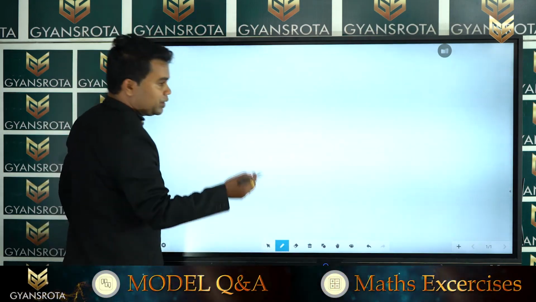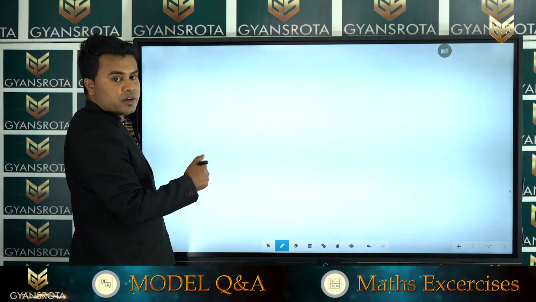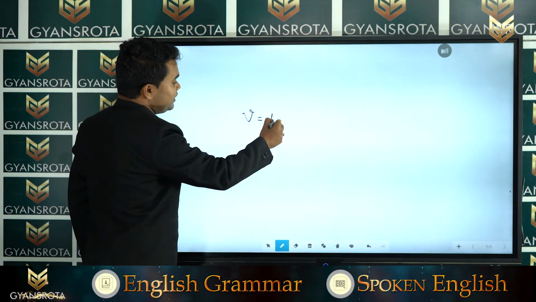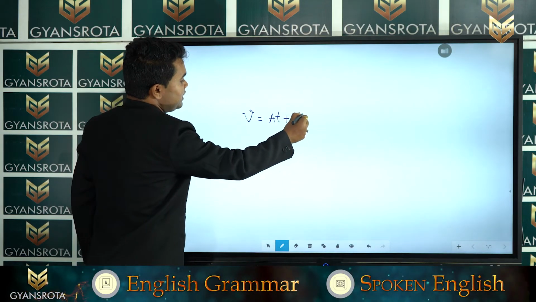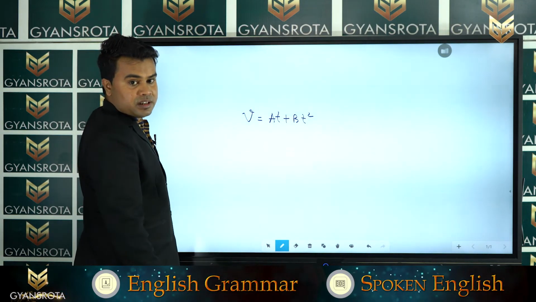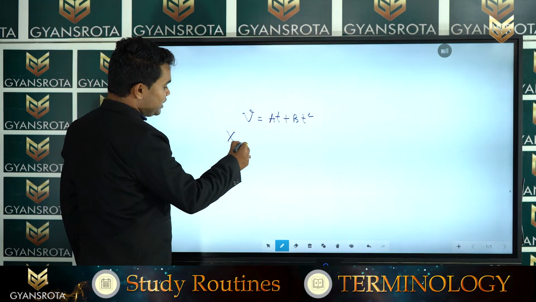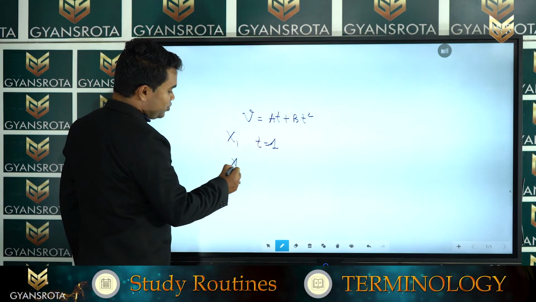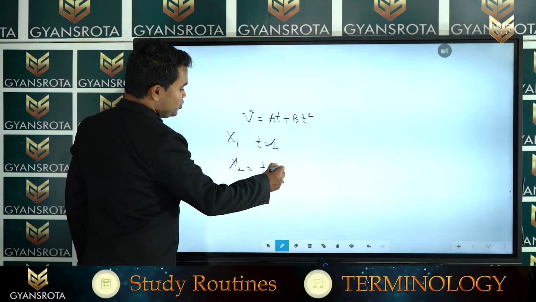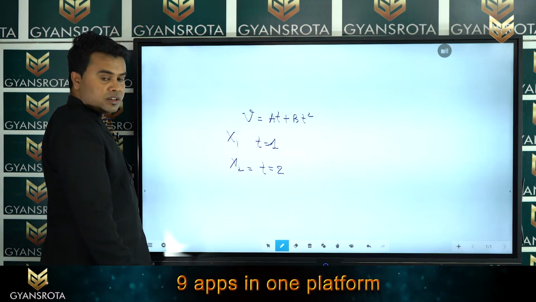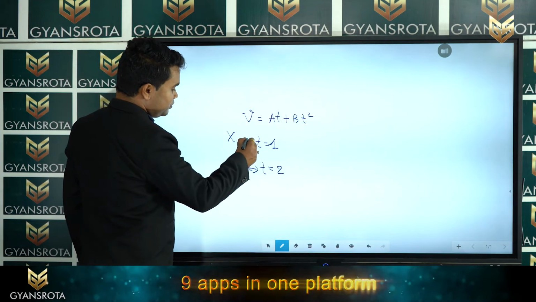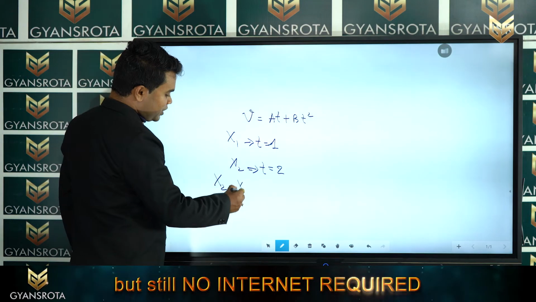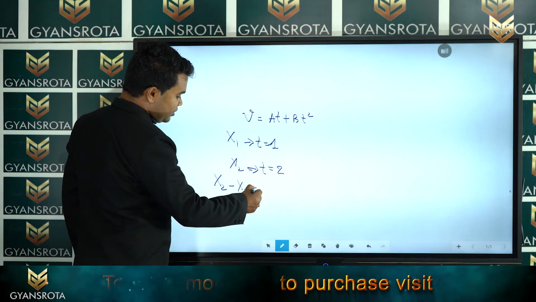How are you going to do this? You need to write down the velocity first. This is a question from equation of motion, at plus bt square. First you find out x1 at time t equals to 1, and then you find out x2 for time t equals to 2 seconds. Then you do x2 minus x1 and you will get your answer.